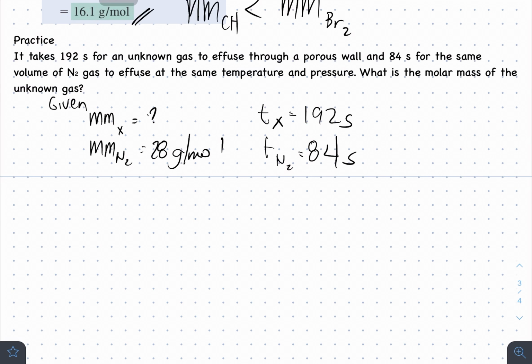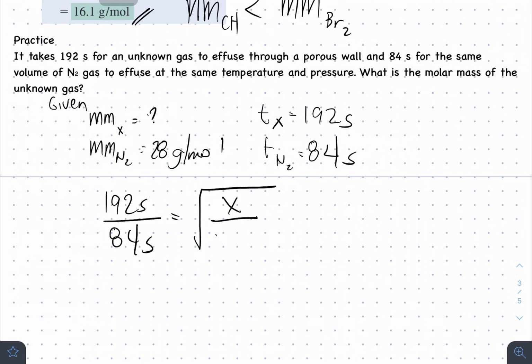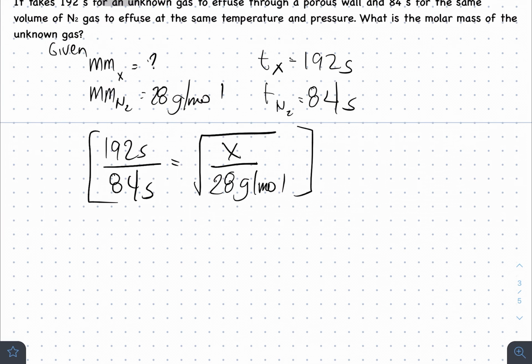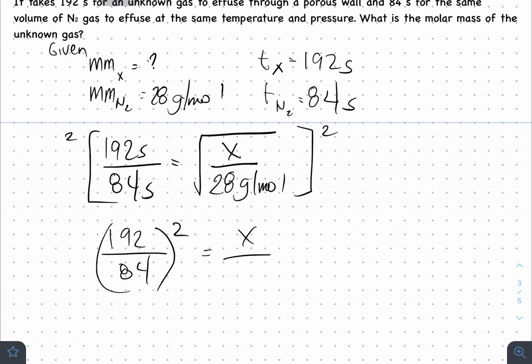Now I substitute. Tx, which is 192 seconds divided by 84 seconds, is equivalent to the square root of the molar mass of the unknown, which I place as X, over the molar mass of nitrogen gas, which is 28 grams per mole. Rearranging, I will raise both sides of the equation to the power of 2. So this will be 192 over 84 squared is equal to x over 28.